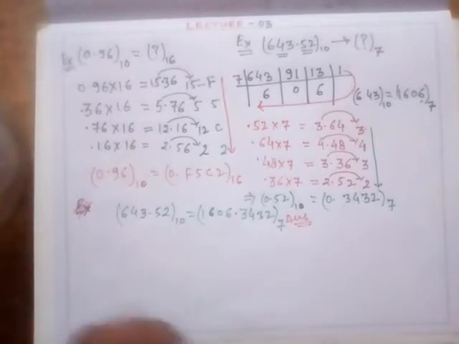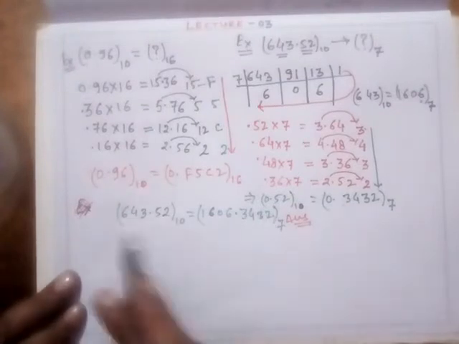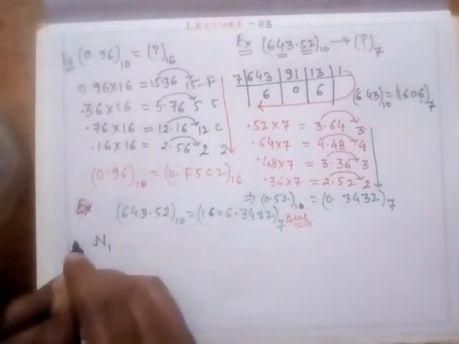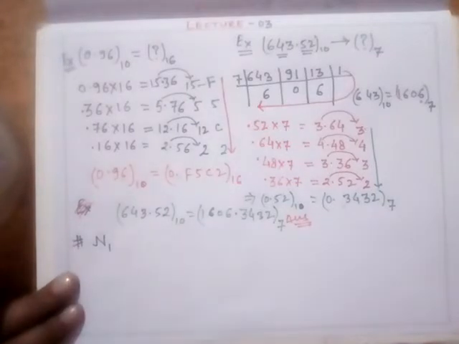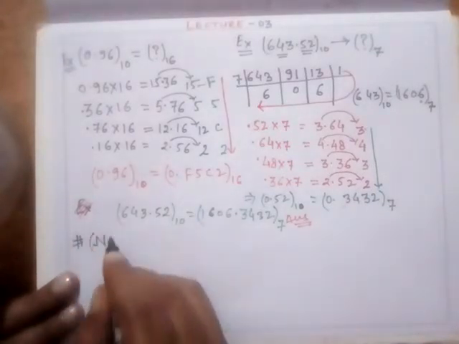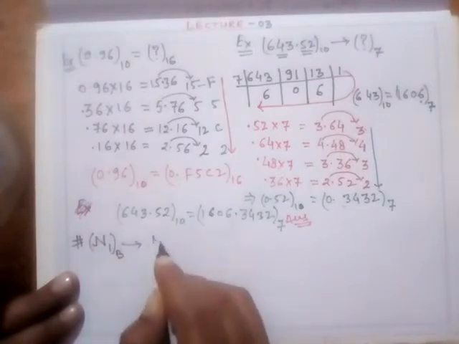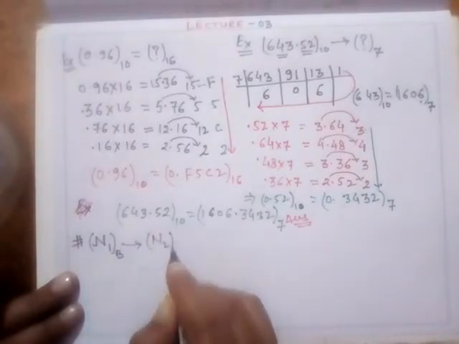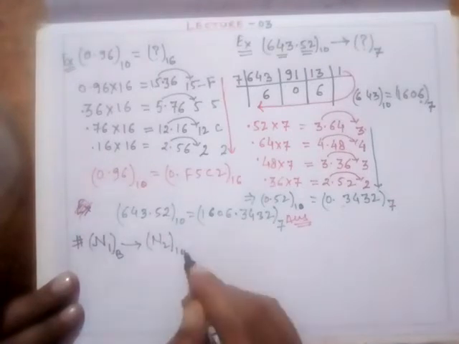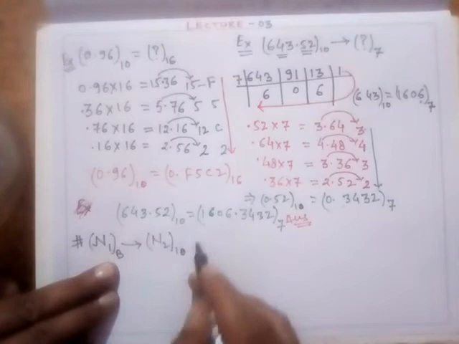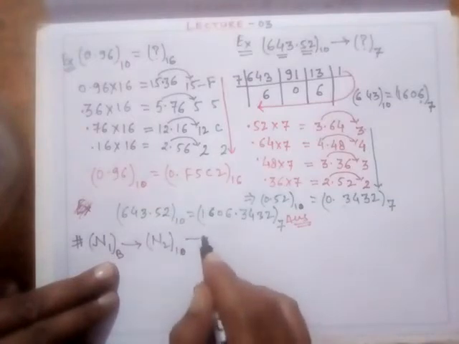So overall, if I summarize this conversion, what I have done till now is that if you have a number n1 with any base b, and I have to convert this into another number n2 to base 10, that is any base to base 10 or to decimal, how do we go?